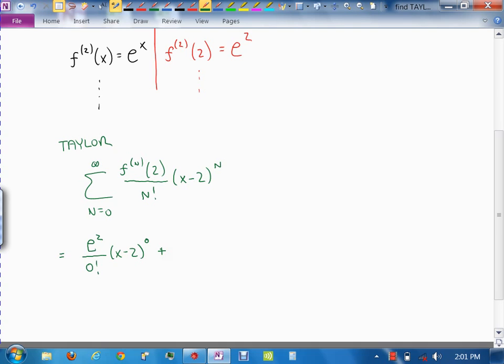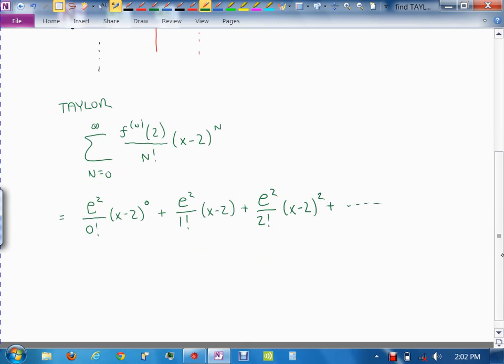I'm actually just putting them in. So what would the next one be? E squared over 1 factorial, x minus 2 to the first power, which I don't need, plus e squared over 2 factorial, x minus 2 squared plus, that's good enough. What is that first term? Just a 1, right? It's just a 1.